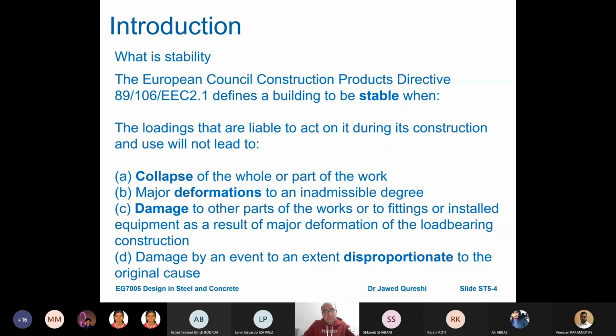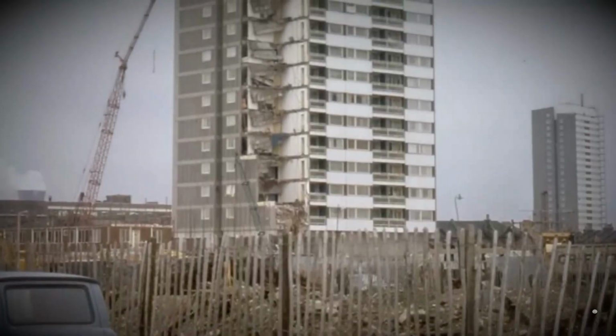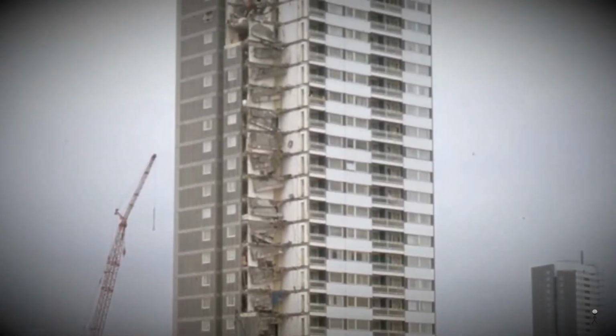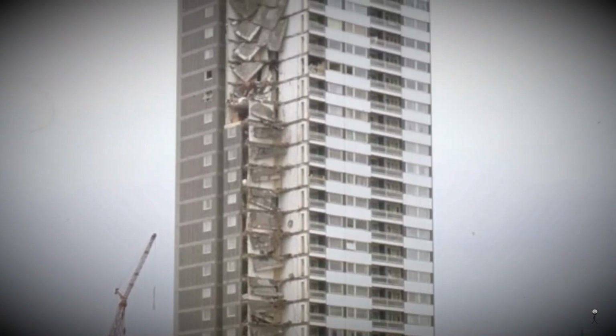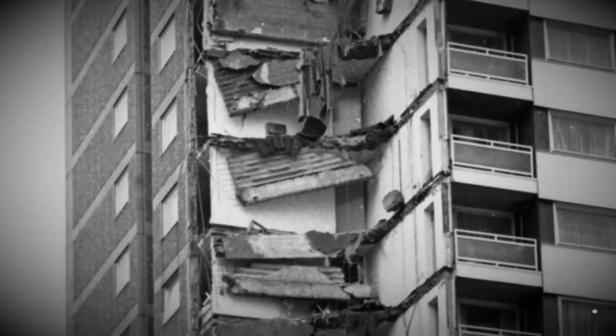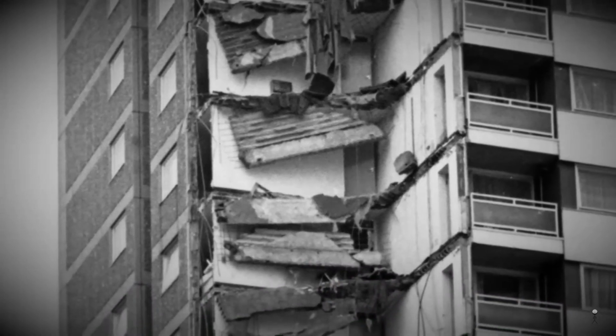By robustness of a structure, I mean that in the event of any local failure, it should not propagate to the entire building, causing a collapse disproportionate to the original cause. The research in robustness and disproportionate collapse started back in 1969 when there was a tower block termed Ronan Point, not very far from Canning Town Tube Station. It was a 24-story tower block.